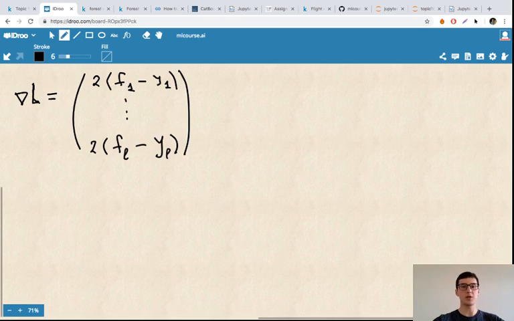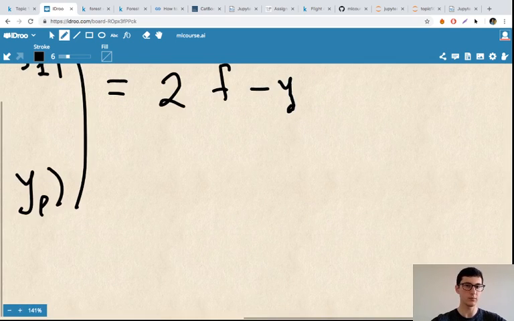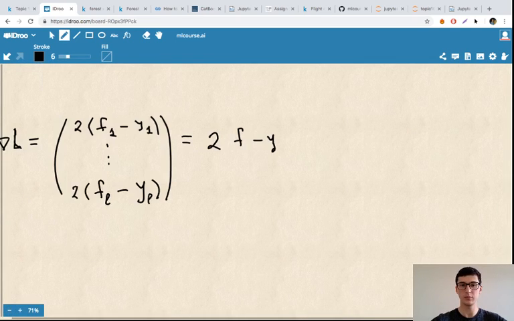These are all scalars, and now we can write it in a very nice vector form. This gradient is going to be 2 times (f minus y), and again, f and y are vectors. Well, we've got 2 here. That's the reason that sometimes they put 1/2 as a multiplier for squared error to make the 2 fade away. But, well, a multiplier is not that important.